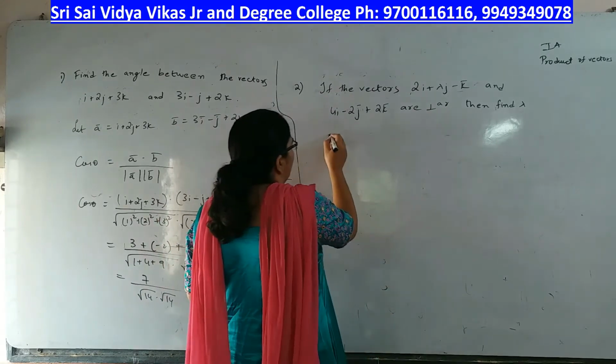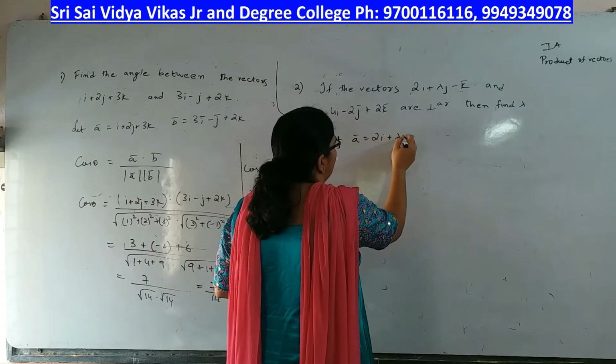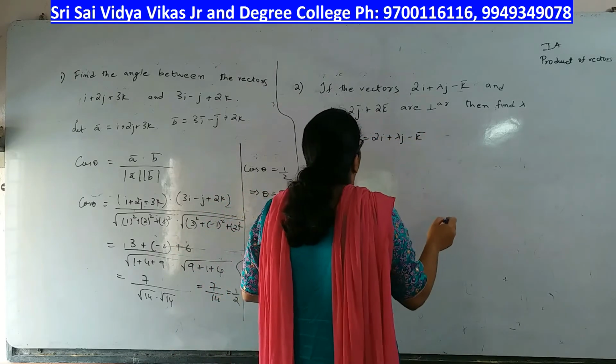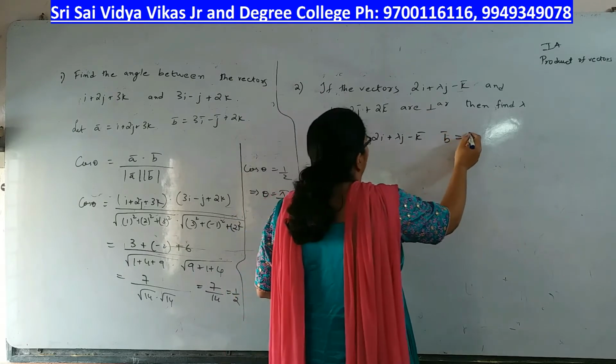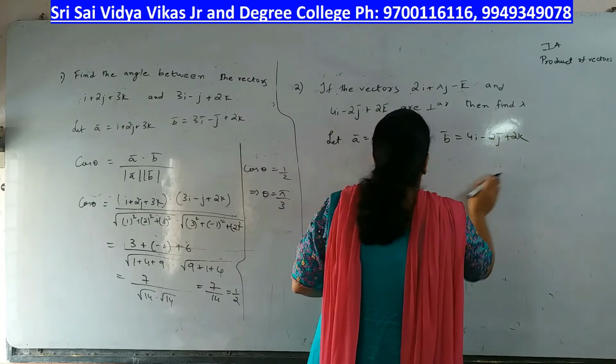Okay. Let a bar is equal to 2i plus lambda j minus k, b bar is equal to 4i minus 2j plus 2k.